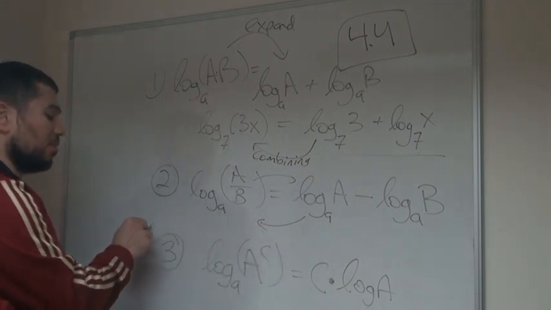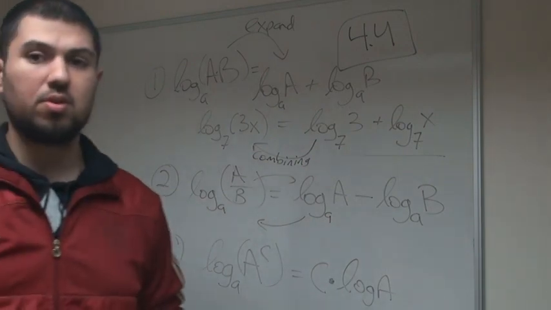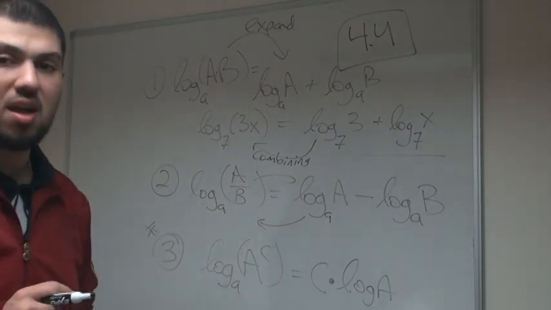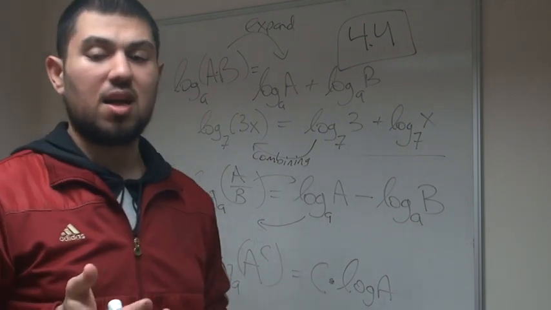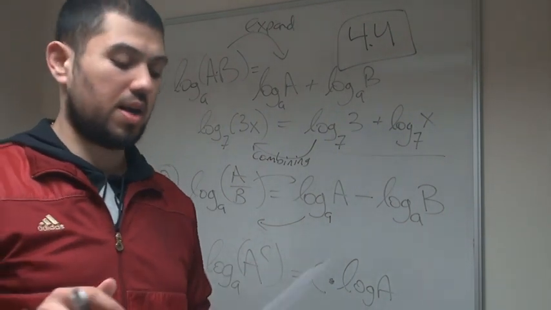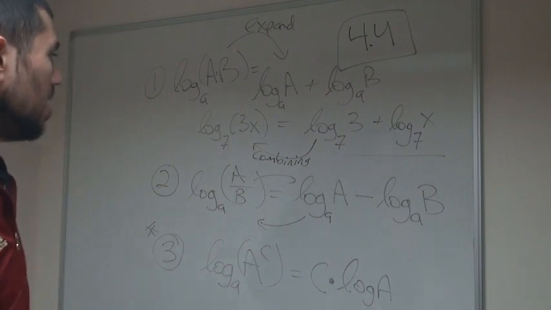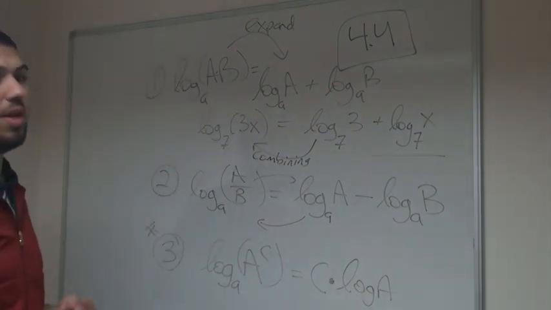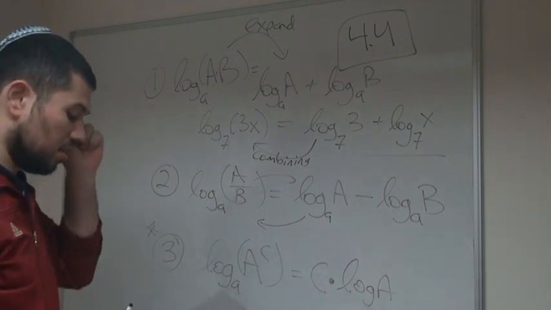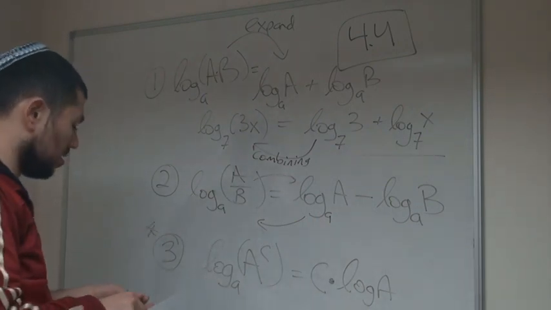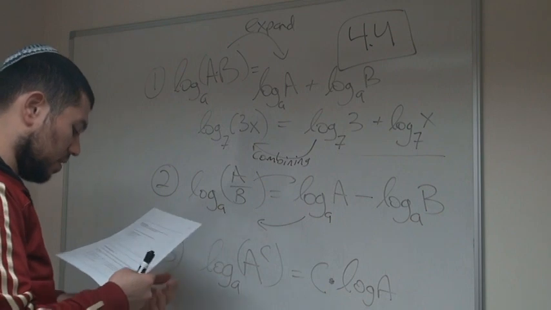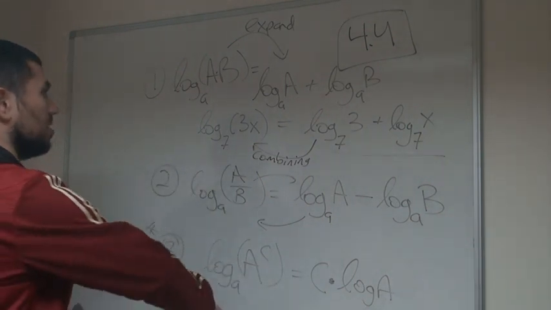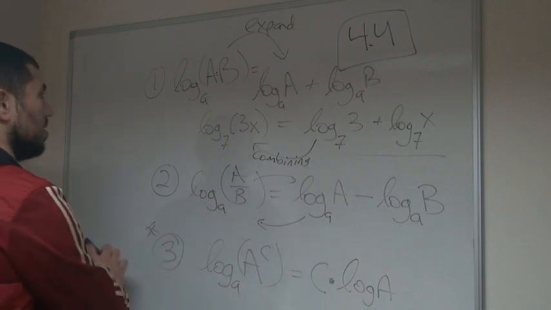This one's going to be really important to us. Not that any of the other ones are not important, but the third one is going to be super important when we're trying to solve exponential and logarithmic equations. We'll see why and how within 4.5. But again, all three of these rules are very useful in helping us evaluate log expressions. We're going to go to slide 79 now, the next slide, to see some examples.